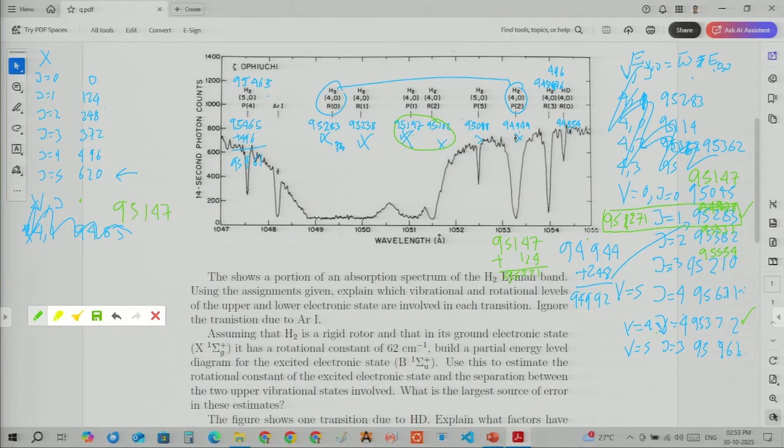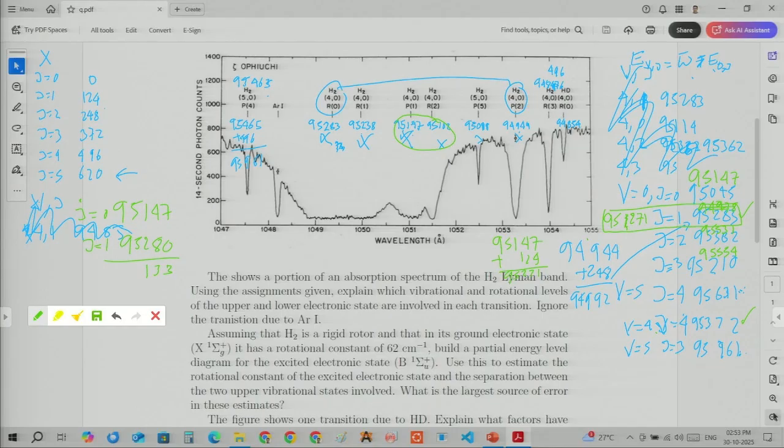So that's j equals 0, and we've got j equals 1 at 95280, roughly speaking. So if we subtract those two, sorry, put them the wrong way up. We have to take the bottom one off the top one. We get roughly 133.